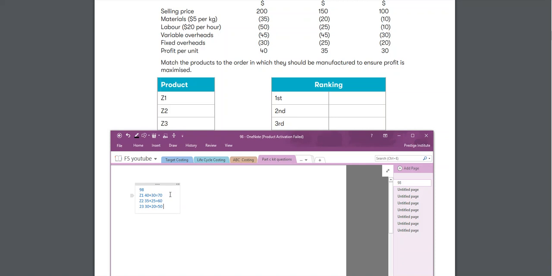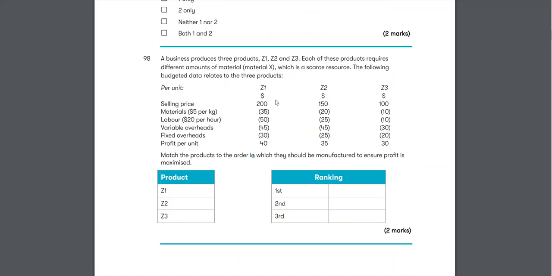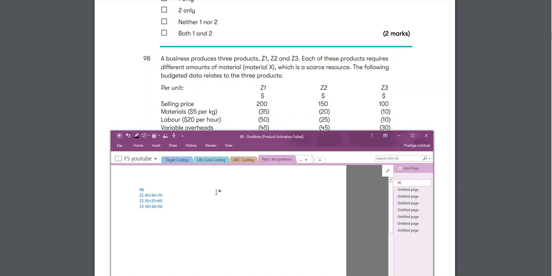So now this is contribution per unit, but we are looking at contribution per limiting factor. And the limiting factor here is material X. So what you can do is, price per kg is given. You can find how many kgs each of them uses and then rank them. But if you are answering a multiple choice question, you just take the 70 and divide directly by the cost. You don't have to find kgs.